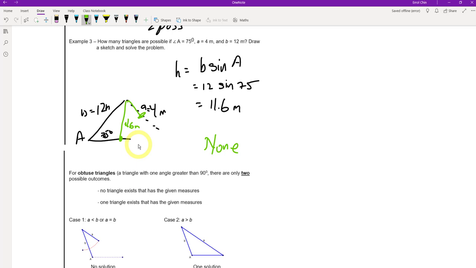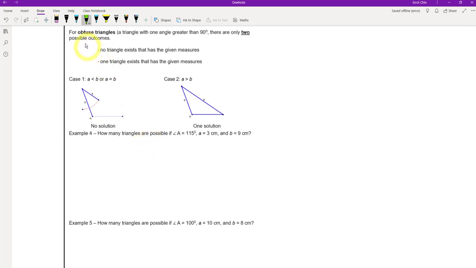Okay? Now, for obtuse triangles. Obtuse triangles are triangles that have one angle, only one angle, that's greater than 90. And there's only 2 possible outcomes. So no triangle exists because you have your angle A, you have length a, length b. It says here if a is less than b, or if a is equal to b, again, it's sort of the door, right?